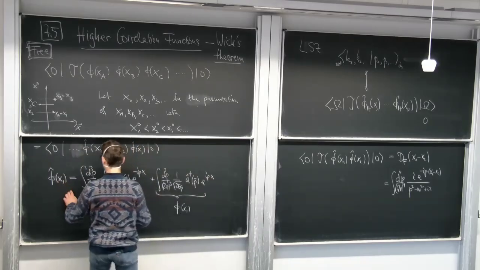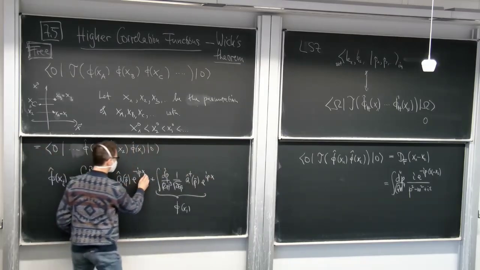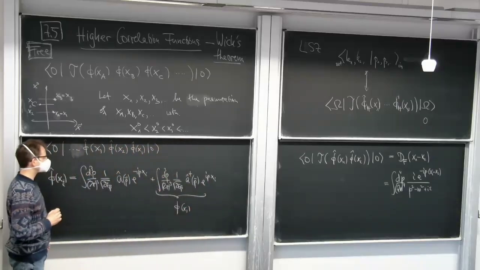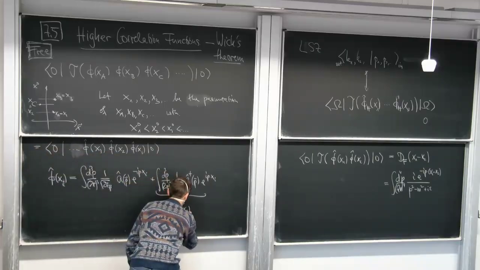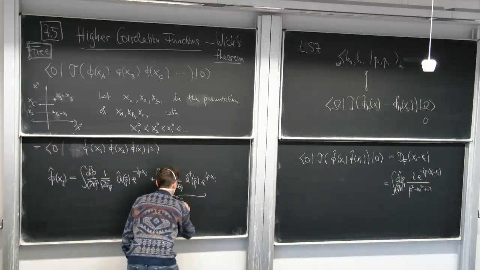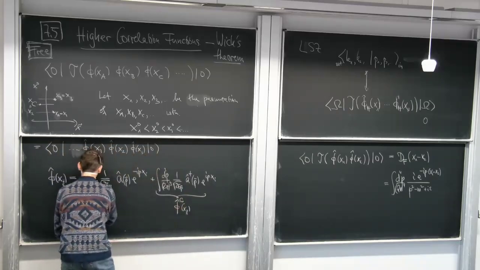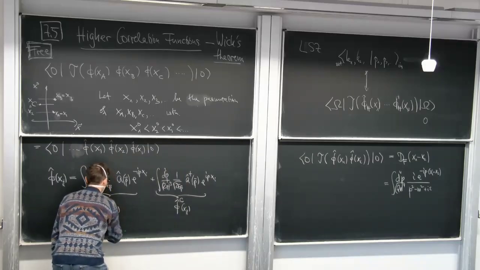We do this for all x_i. So this is x_i. C is for creation, and this is x_i, annihilation.